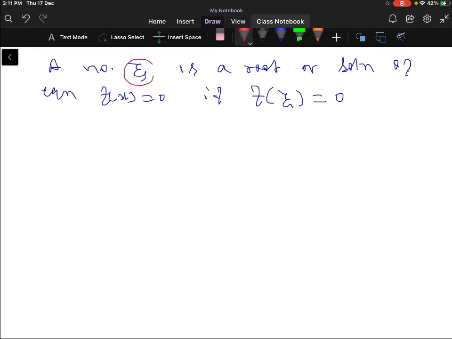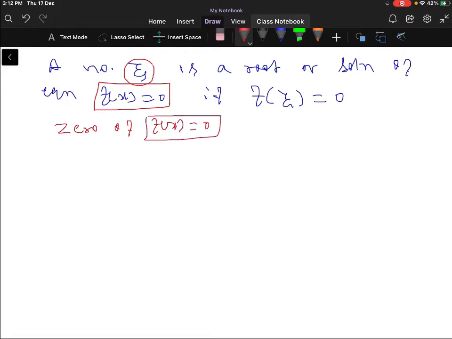The number xi is known as a root of f of x equal to 0, or zero of f of x equal to 0, where f of x equal to 0 is either a polynomial equation or a transcendental equation.